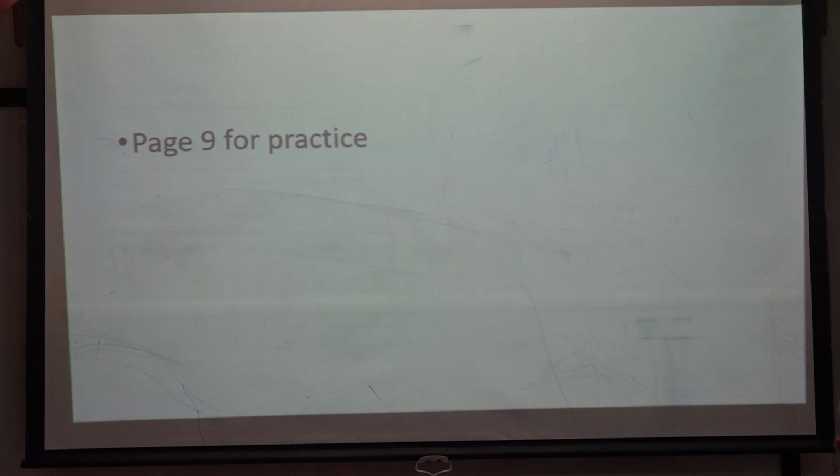Number 8, please. The churches are near here. Churches ends in CH, so we make it plural by adding ES. And because we've made it singular to plural, we have to change the verb. So the churches are near here.